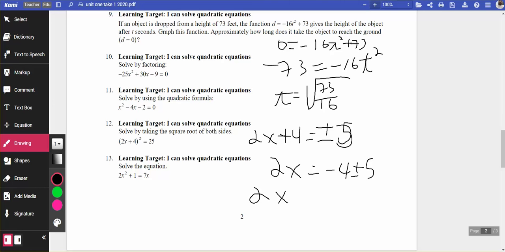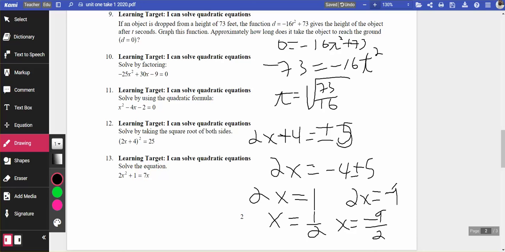You have 2x equals negative 4 plus 5, which is 1, and 2x equals negative 9. Then when you divide by 2, you get x equals 1 half and x equals negative 9 over 2. Of course, I did accept 4.5 if that's the one you wanted to use.